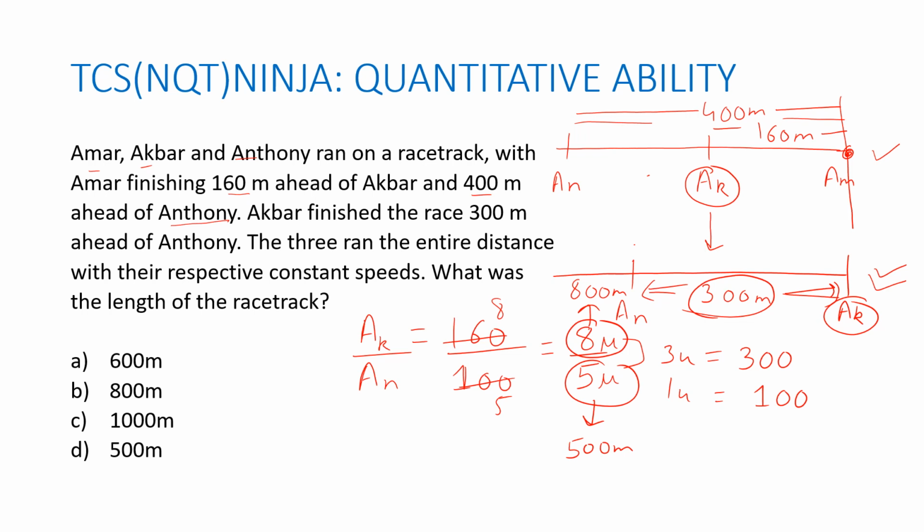And since Akbar is completing the race, we can correlate that the length of the racetrack is 800 meters. Let me repeat it: when Akbar finishes the race, these 8 units represent 800. Then at that point of time, 5 units for Anthony represent 500 meters, and thereby this gap is 300 meters. I hope I make my point clear over here.